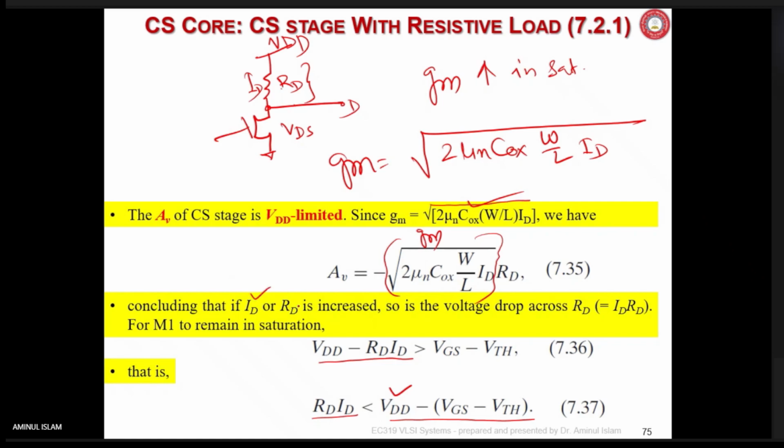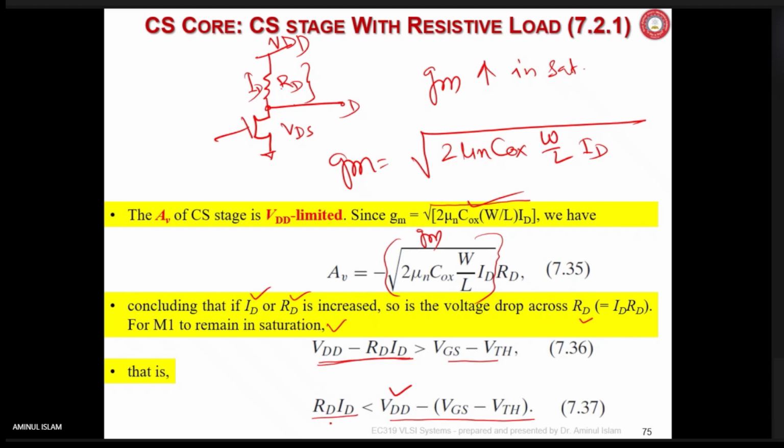Concluding that if ID or RD is increased, it shows the voltage drop across RD, that is ID RD. For the amount to be maintained in saturation, this has to be greater than this. Is it understood?